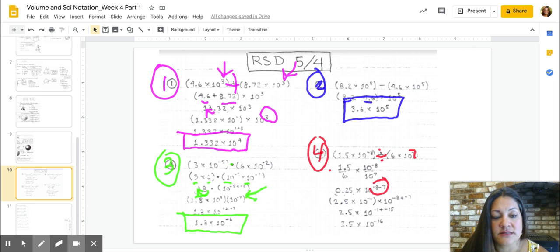Okay, and of course, add the opposite as you see here. And this one here, we had to move the decimal place over, which gives us another minus 1. So we have these two together is the negative 15 plus another negative 1. Our answer is 2.5 times 10 to the negative 16th.